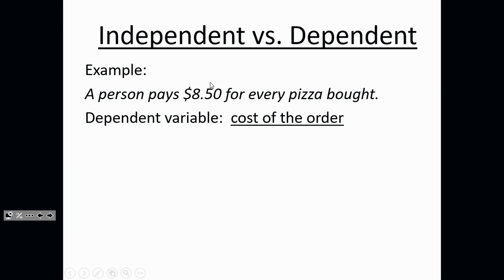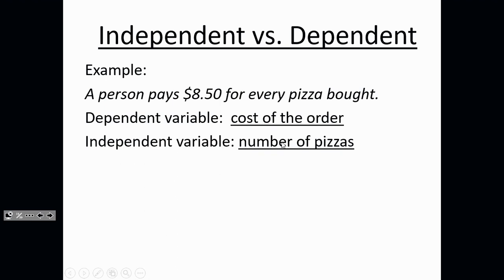I'm not going to just buy one pizza, I'm buying more pizzas. And for every pizza I buy, it's going to cost more. So the cost depends on how many pizzas I buy, the number of pizzas. So dependent, the cost depends on how many pizzas I buy, not the other way around.